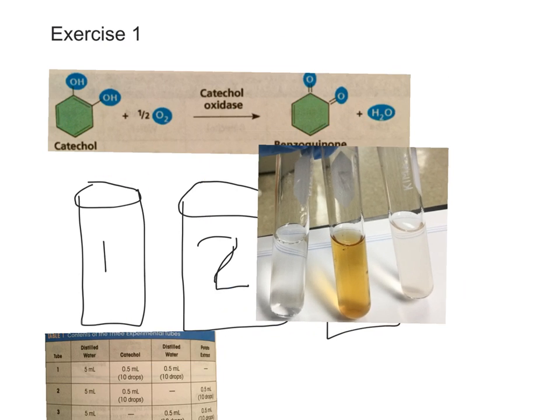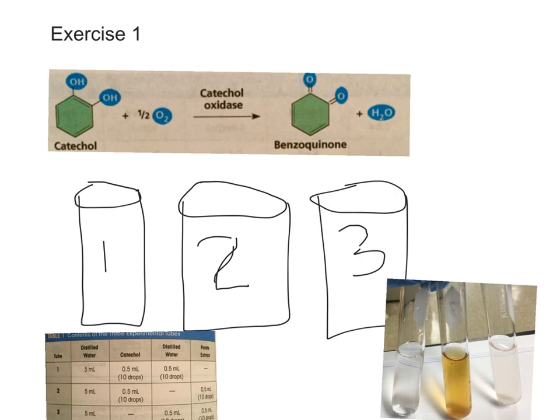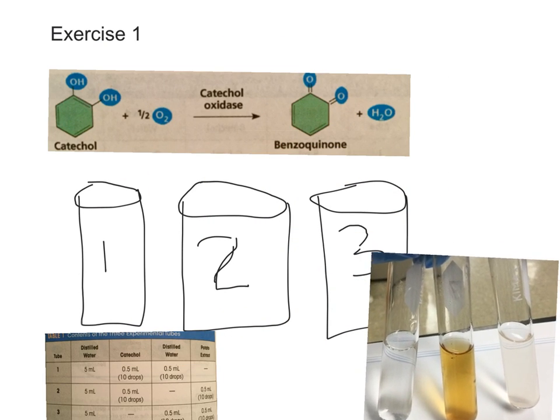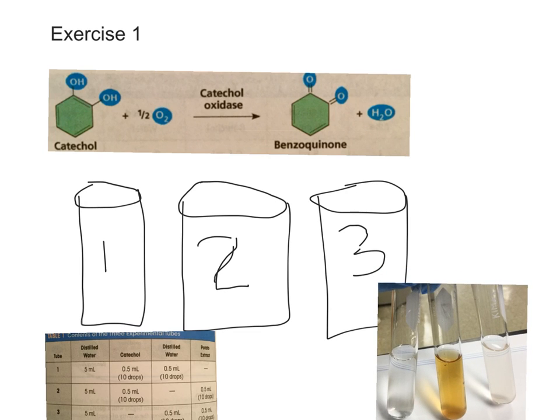Alright, so these were my results. This one is test tube 1. Remember, test tube 1 had the distilled water, the catechol, which is colorless, and the distilled water. So that one stayed clear.